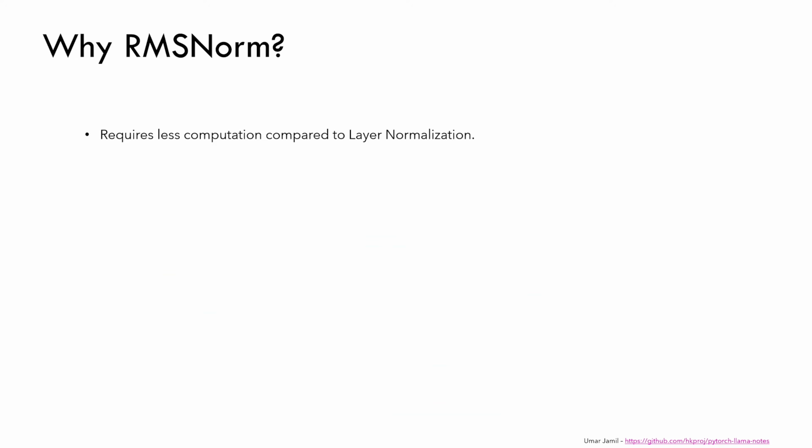It requires less computation compared to layer normalization, because we are not computing two statistics, the mean and the sigma. We are only computing one. So it gives you a computational advantage, and it works well in practice. What the authors hypothesized is actually true: we only need the rescaling invariance to obtain the effect of layer normalization. We don't need the recentering, at least this is what happens with LLaMA.